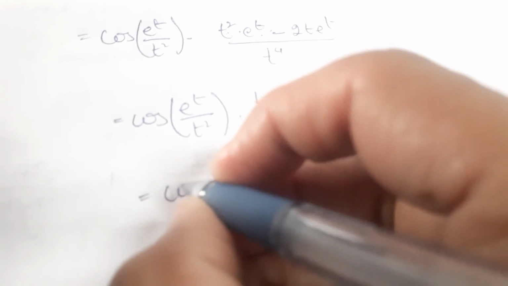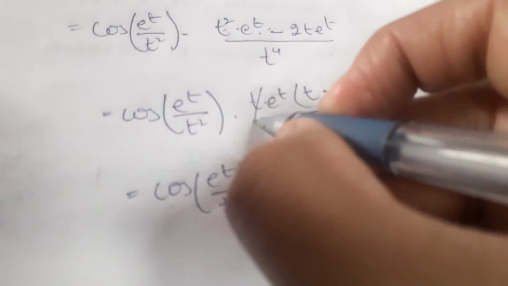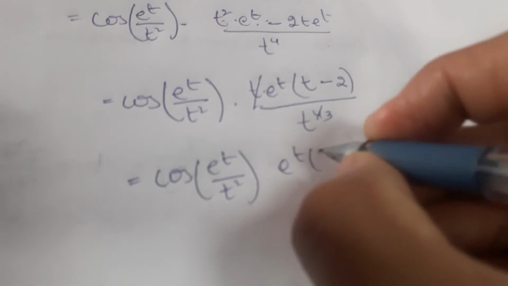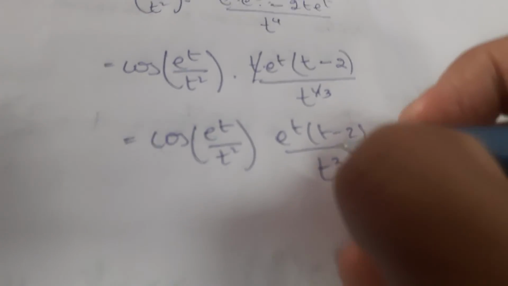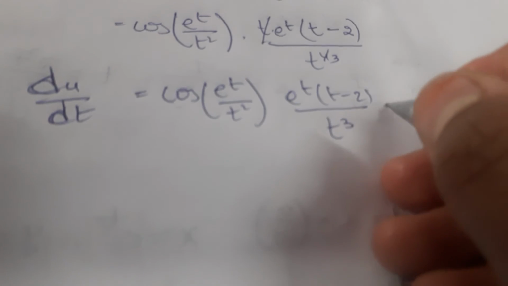Okay, so cos e power t by t square, one t and this t get cancelled. So it becomes e power t into t minus 2 by t cube. Okay, so that is your du by dt term. This is the result for your du by dt. Understood? Is it clear for you?